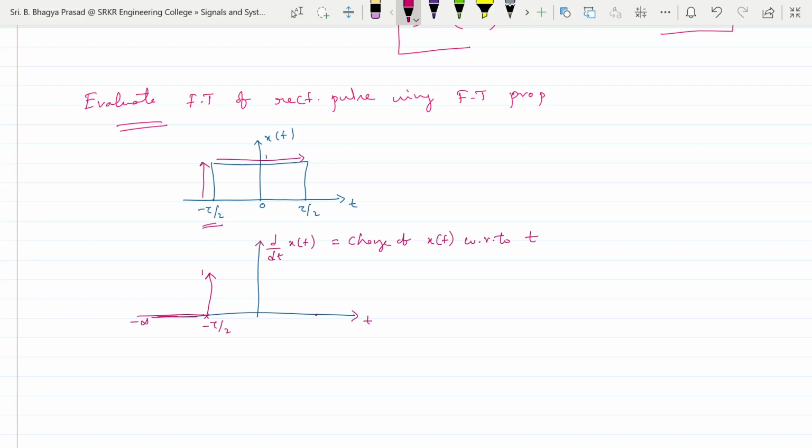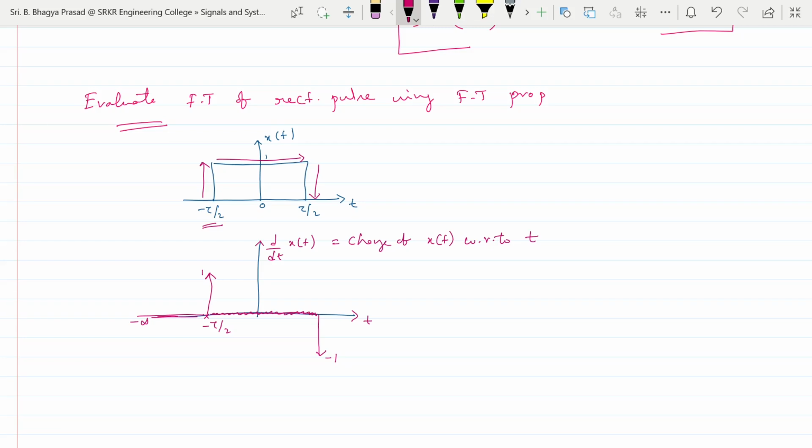No change means I am going to represent the change as 0, so the value will be 0 at this position. The change is 0 from minus tau by 2 to tau by 2. After reaching tau by 2, there is a change of value from 1 to 0, that is the change is negative, of strength minus 1. This indicates the change of x of t with respect to t.